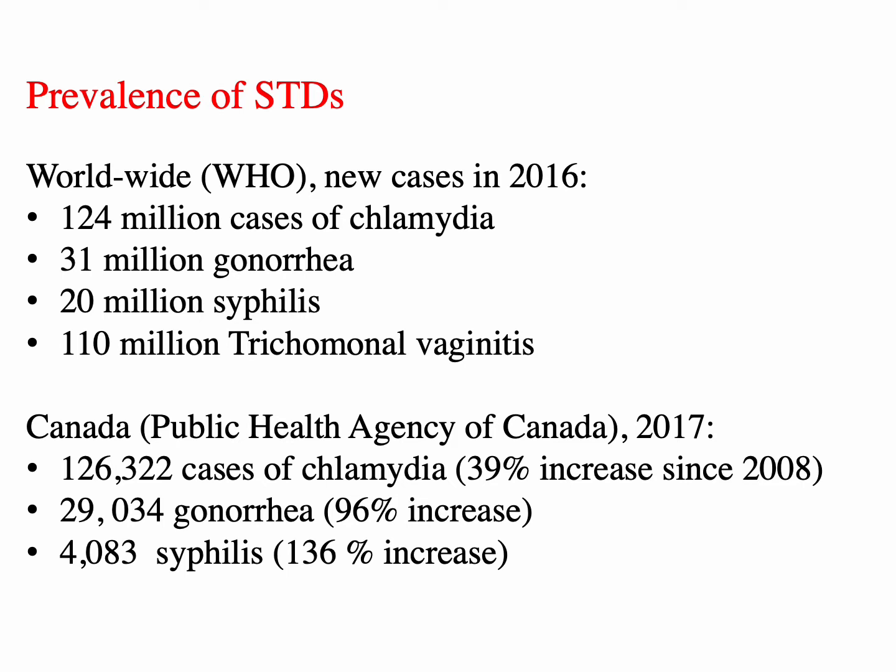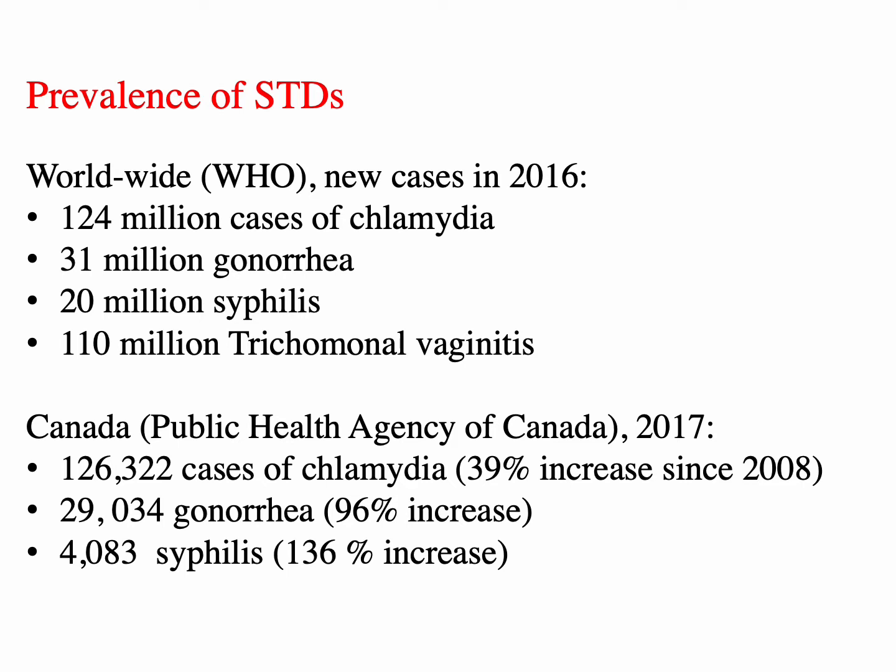In Canada, this is 2017 Public Health Agency data. You can see chlamydia, gonorrhea, and syphilis. Syphilis is probably the lowest in prevalence, but the important thing is that you can see a 136% increase since 2008, about 9 years' time.